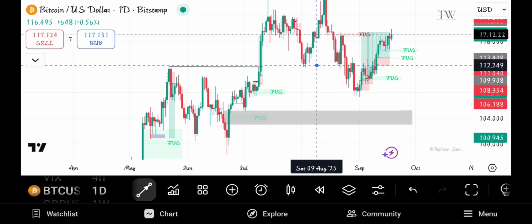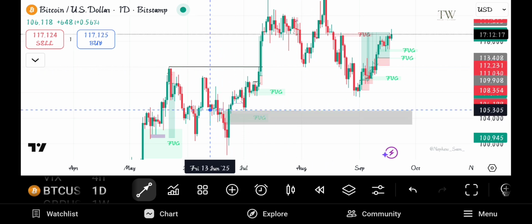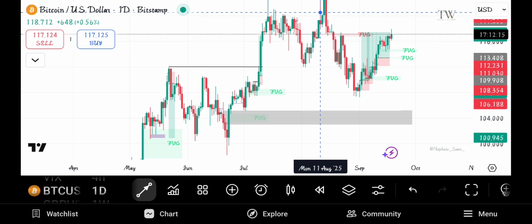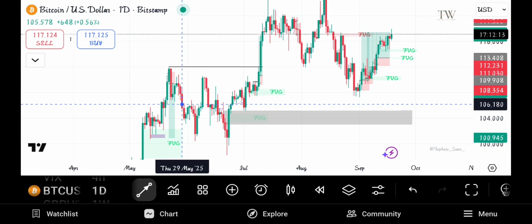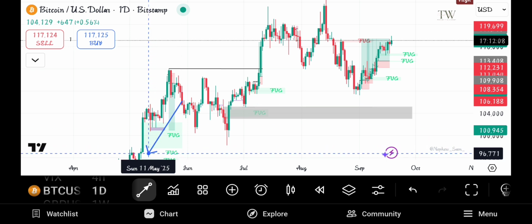Yeah, so first of all, after price created a new high, this high we are seeing, don't worry, I'll bring it closer so that you can see what I mean.